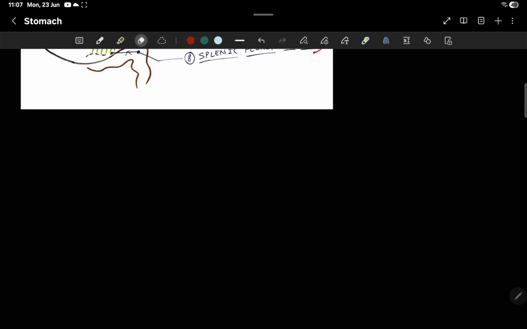Next we will study the interior of the stomach.